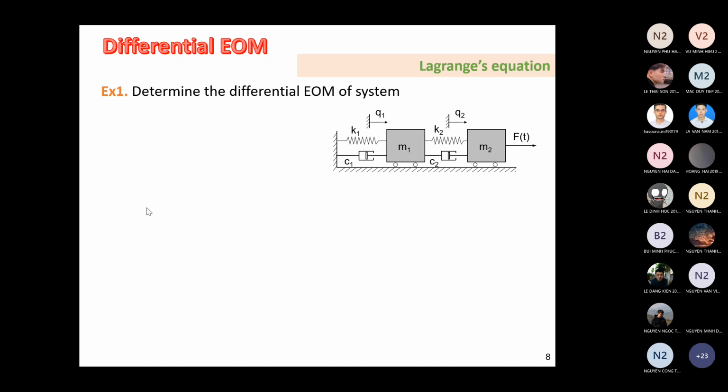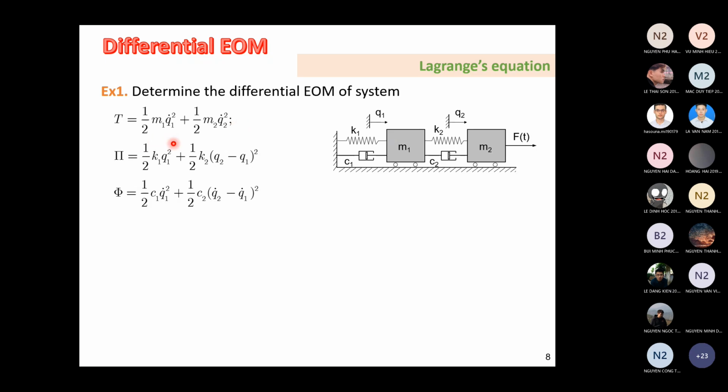Okay, in this system, we need to calculate the kinetic energy, the potential energy, and also the damping energy. For the kinetic energy, there are two bodies here in translation motion. With the two coordinates Q1 and Q2 like this, the kinetic energy can be calculated with this formula.